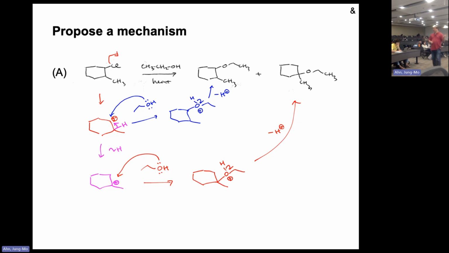This is not asked in this question, but we can also talk about which one of these two is going to be the major product. What do you think? Which one will happen more? This one or that one? Bottom line is, the more stable intermediate will speed up the formation of the product because it will get formed faster.